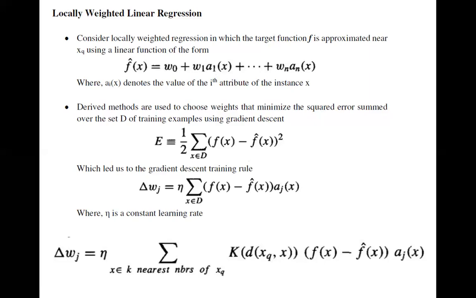You have to write all these equations and the explanation. Or they may ask radial basis function or, the last one, case-based learning. These are the four types of methods in instance-based learning we are going to study. And then one more type is reinforcement learning. That's the last part.